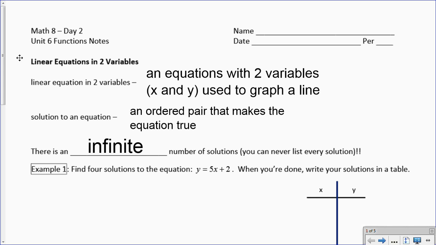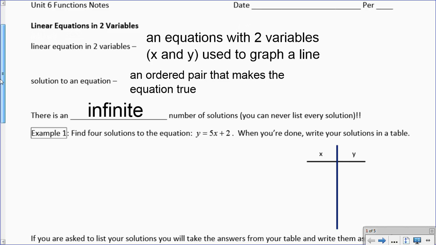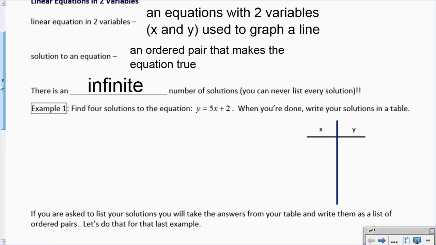So let's go ahead and jump into example 1. We need to find 4 solutions to the equation y equals 5x plus 2. So this is a linear equation. We're going to find 4 solutions, and then we're going to write them in a table. So we're basically looking for ordered pairs. What's really nice about linear equations is that you get to pick the value you plug into this.